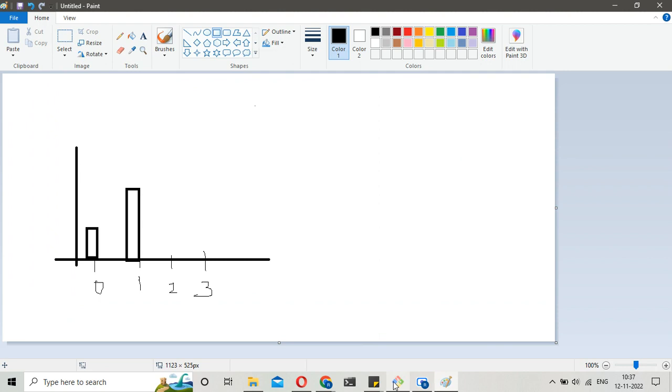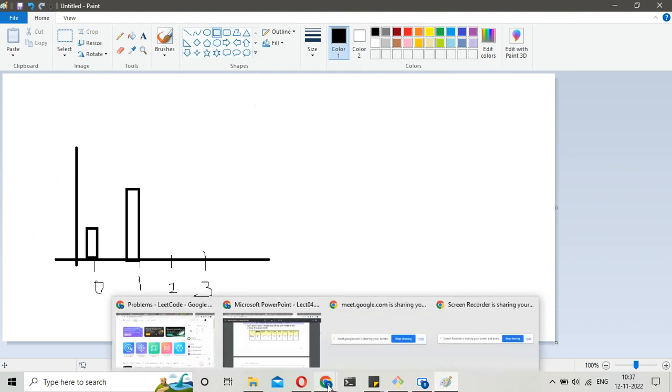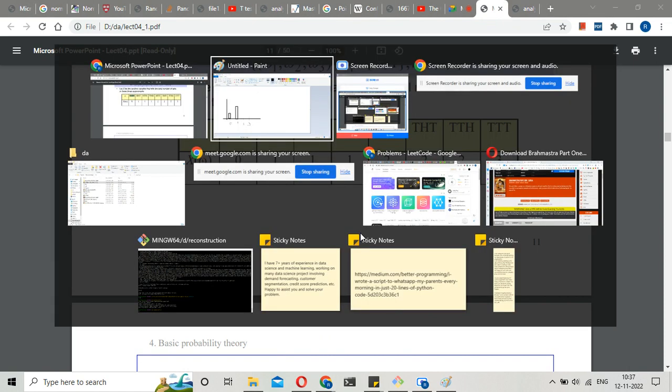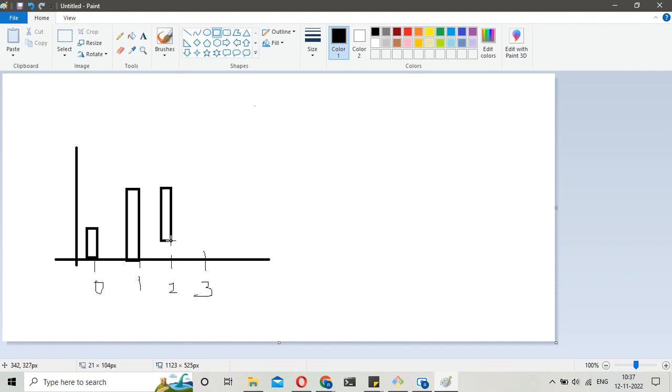Again, you will do the plot for getting 2 times. Getting 2 times is also 3 by 8, so you will plot the same height, 3 by 8. And getting 3 in how many ways? That is 1 way, so the probability will be 1 by 8.